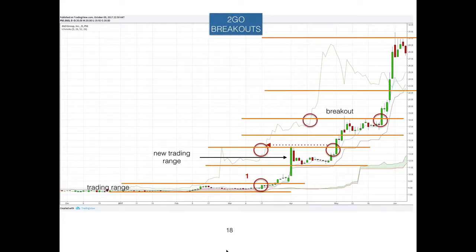In this last price range, it seemed to have established its peak. There's a strong move downward in prices, and the Chikou span also broke below the price bars, showing sideways movement.